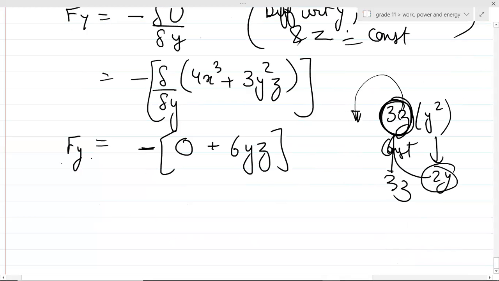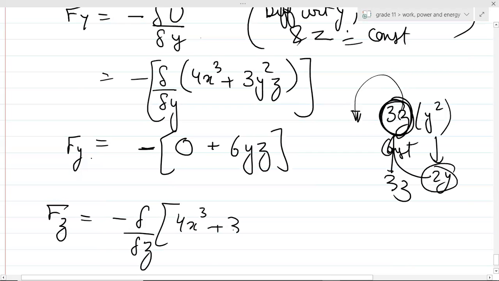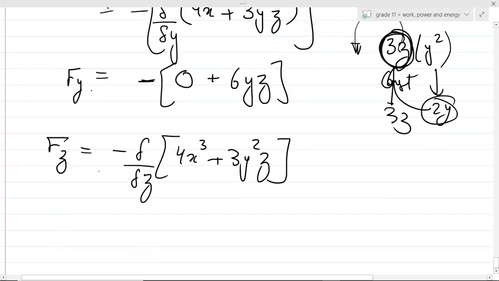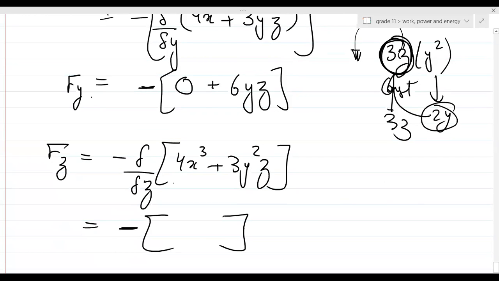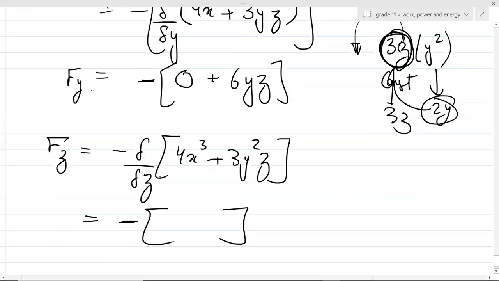Similarly, what is the z component? You people will calculate and tell me. Minus of delta U by delta z of 4x cube plus 3y square z. Please tell me. Yes, Aman, please tell me what will be the partial differentiation of this with respect to z. Here we are differentiating with respect to z.